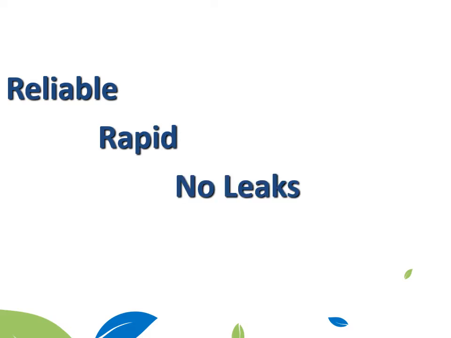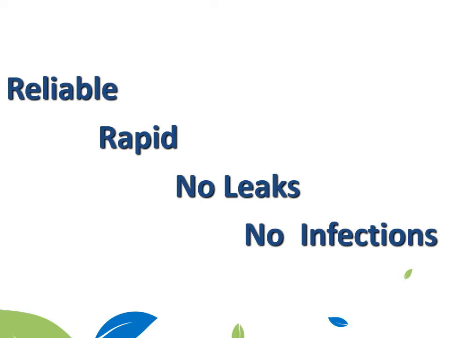So what is the ideal catheter? The ideal catheter should be reliable, with rapid inflow and outflow, with no leaks and no infections. So they tried many catheters to improve the original Tenckhoff catheter with the previous shapes and designs that we have shown earlier.